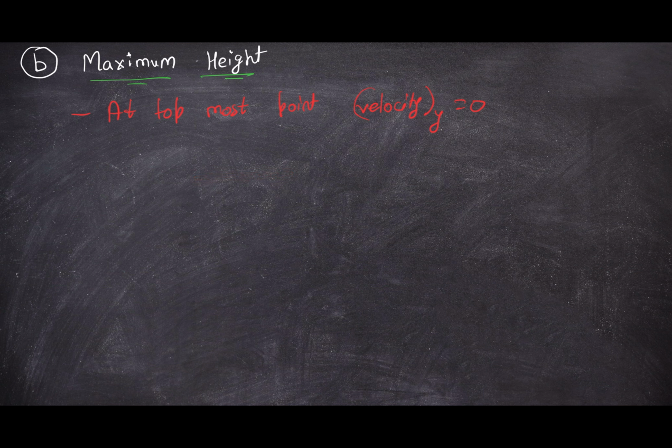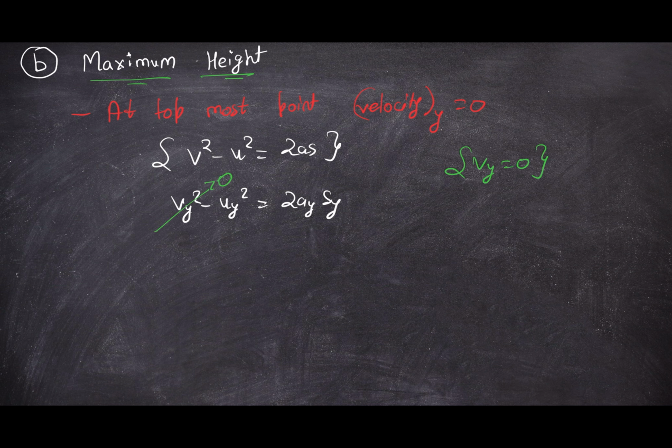Right? So I can apply the third equation of motion, which is v square minus u square is equal to 2as in y. So vy square minus uy square is equal to 2 ay sy. At the topmost point, final velocity vy is 0, isn't it? Initially velocity was u sin theta along y, and gravitation acting downward always gives minus 2g sy, where sy is nothing but maximum height.